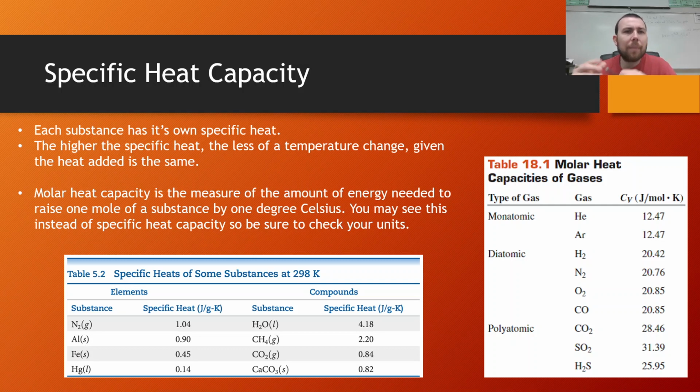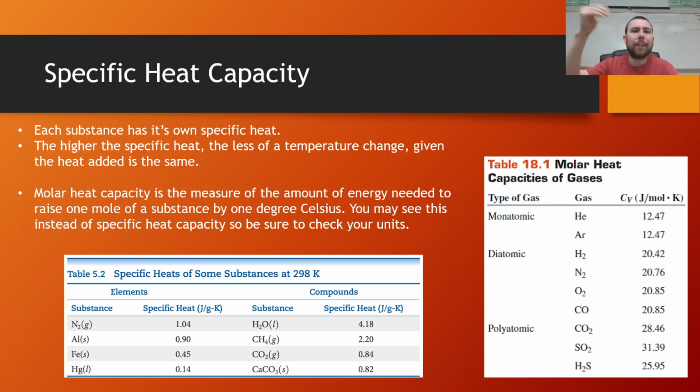Now, the unique thing about specific heat capacities is that each substance has its own unique specific heat. Now, don't worry about trying to memorize a bunch of specific heat values. Those will typically be provided to you in a table or within a problem that you're dealing with. Now, like I was alluding to on the previous slide, the higher the value for the specific heat, what that means is it's going to experience a smaller temperature change if you're adding the same amount of heat to a variety of substances, right?